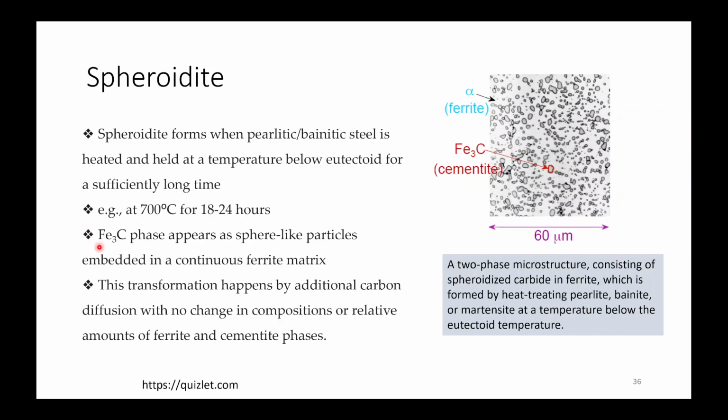In this case, the Fe3C phase appears as sphere-like particles embedded in a continuous ferrite matrix. This transformation happens by additional carbon diffusion with no change in compositions or relative amounts of ferrite and cementite phases. It is a two-phase microstructure consisting of spheroidized cementite and ferrite, formed by heat treating pearlite, bainite or martensite at a temperature below the eutectoid temperature.